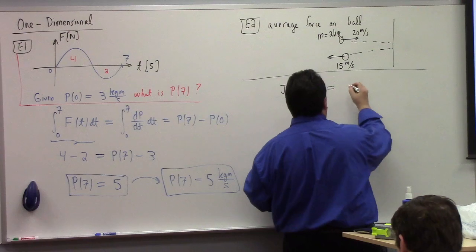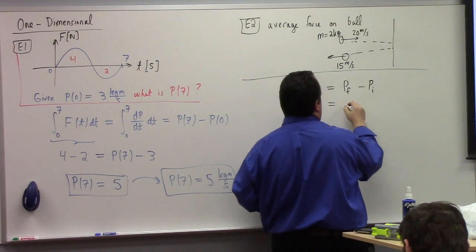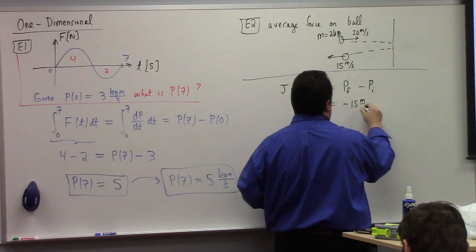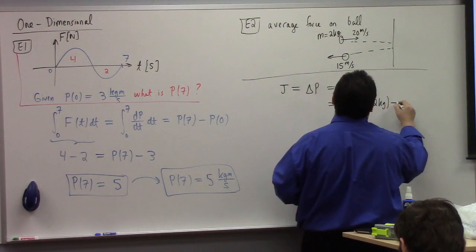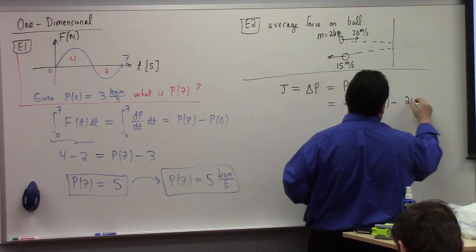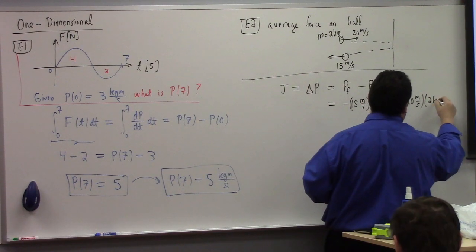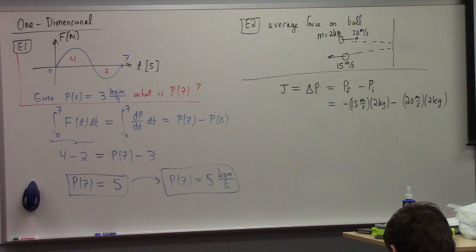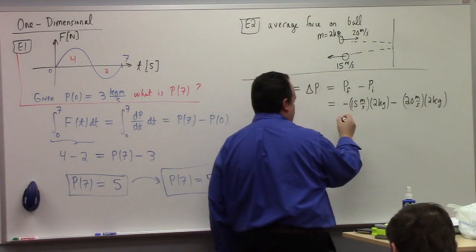So PF minus PI, which in this case is, the final momentum is minus 15 meters per second times 2 kilograms. And then we're doing minus 20 meters per second. Multiplication commutes, so it doesn't matter. So this is the impulse delivered to the ball.